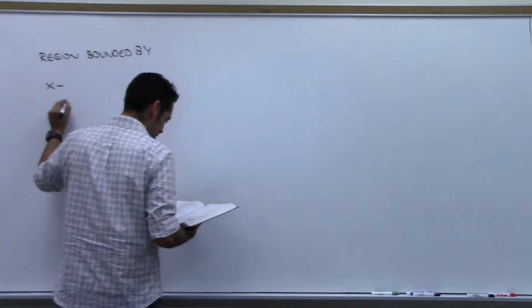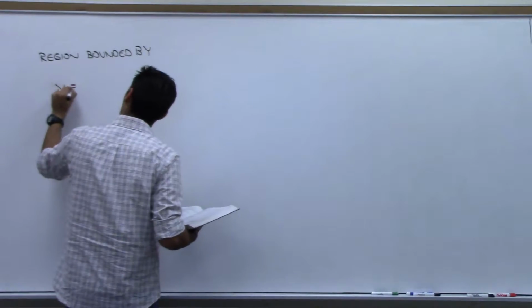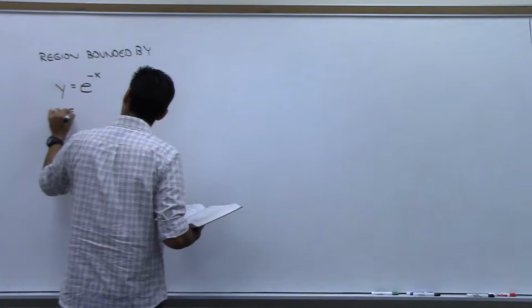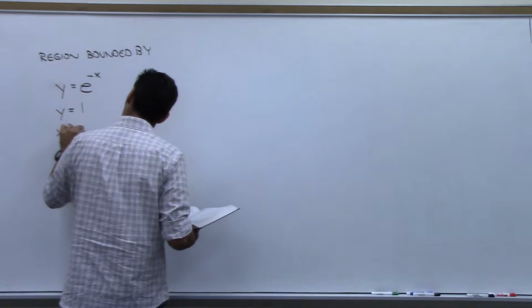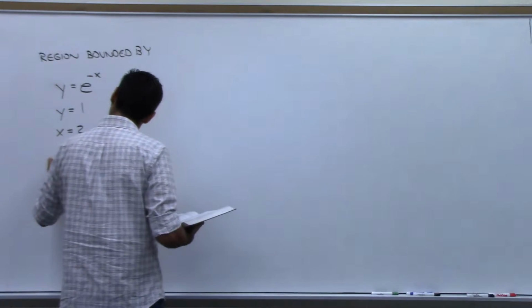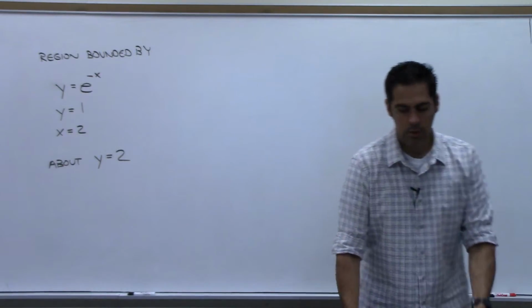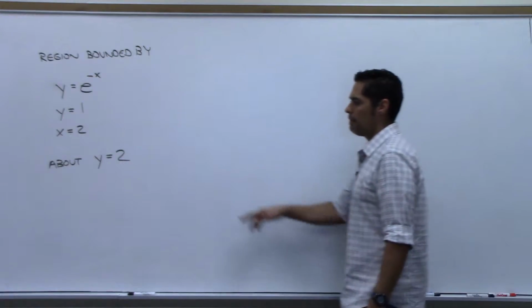No, I'm still changing my mind up here. Hold on. Okay. y equals e to the negative x, y equals 1, x equals 2, about y equals 2. Oh, so that's different. Yeah, what is that? That's our axis of rotation now.